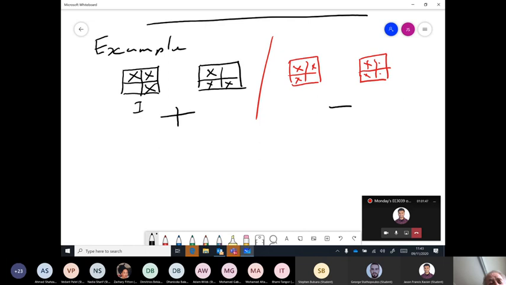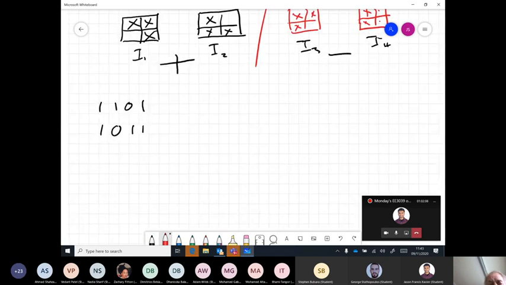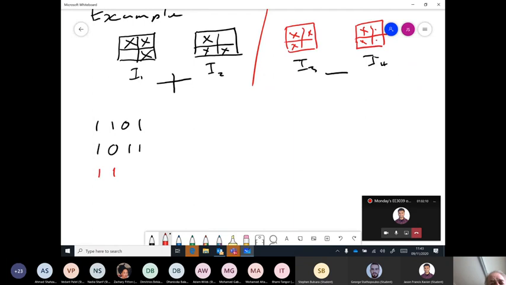Let's call this pattern I1, pattern I2, pattern I3, and pattern I4. The vectors are going to be 1, 1, 0, 1, 1, 0, 1, 1, 1, 1, 1, 0, and 1, 0, 1, 0.